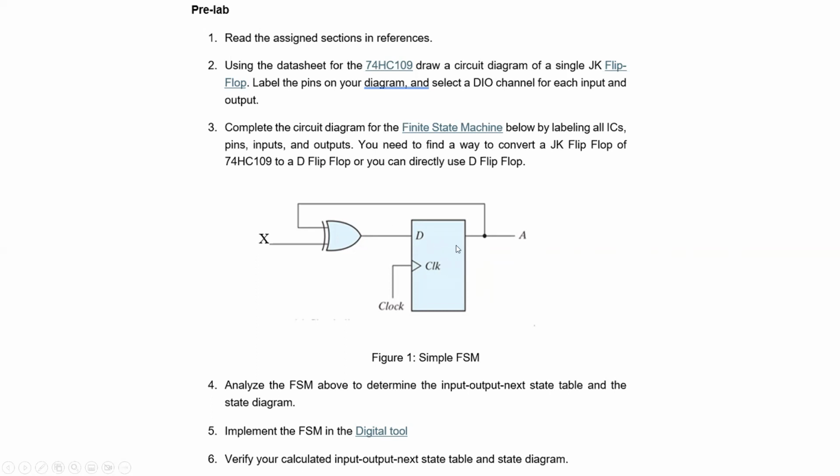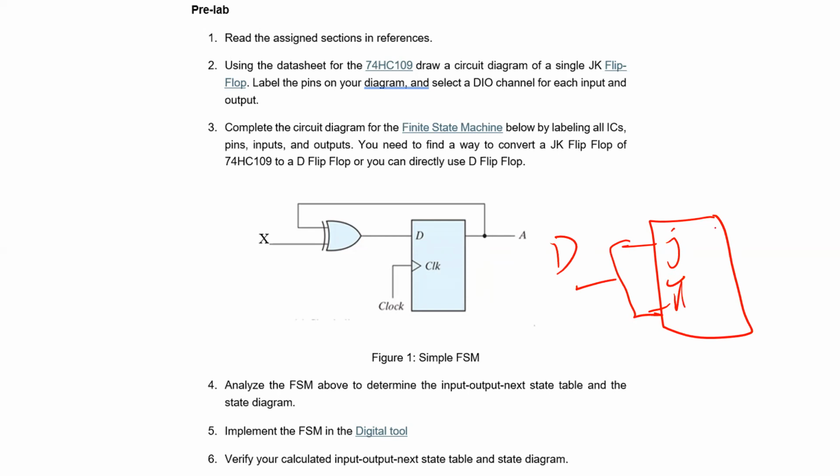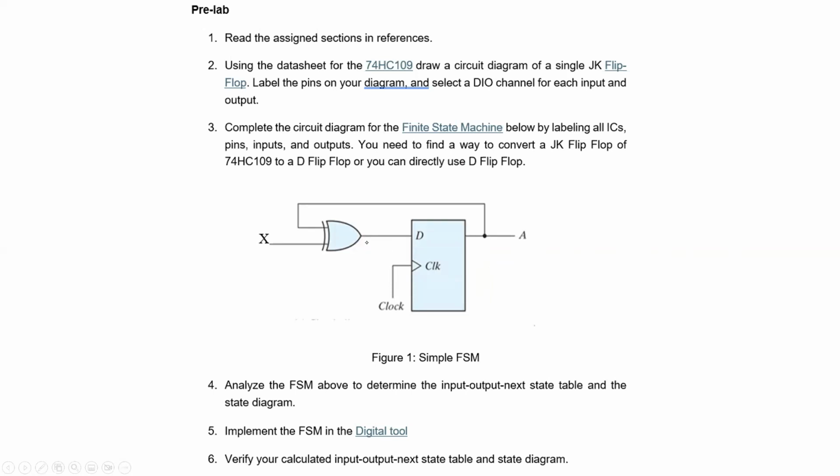If you don't have one, you can use the same JK you have and connect them together, and now it becomes a D flip-flop. Then you need to connect the XOR this way, and the output here has to come to here this way, and you have only one input. So we have one input, one output, and one state.